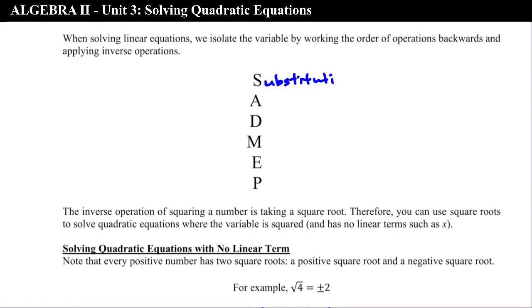S stands for subtraction. A stands for addition. D stands for division.